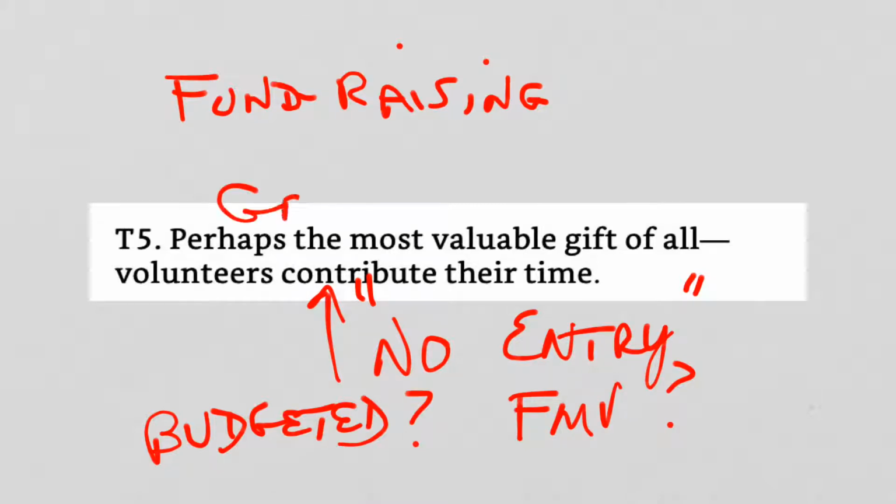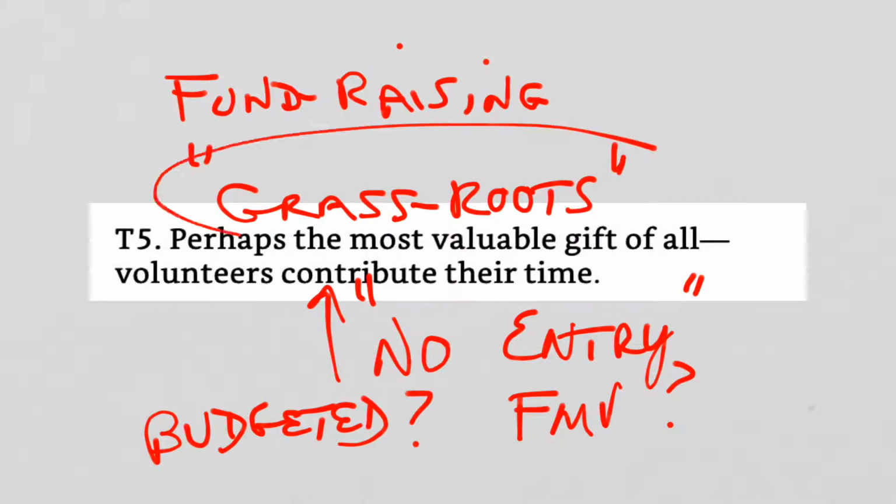I use the word grassroots. This is a grassroots volunteer effort by the community. And that expression to me means that it is not necessarily requiring certain skills or professionalism from the people who are donating their time. It's merely donating their time. Setting up chairs in an auditorium is an example of that.